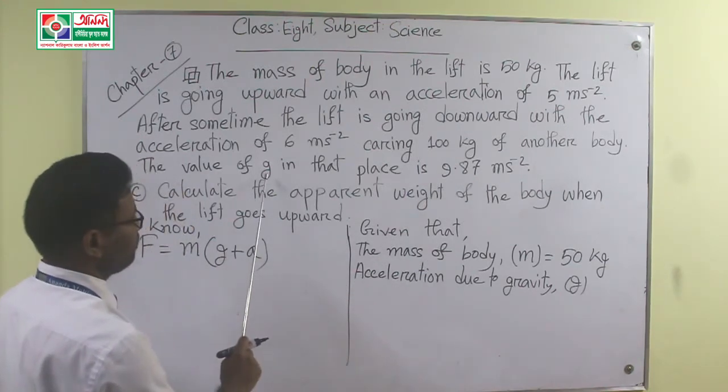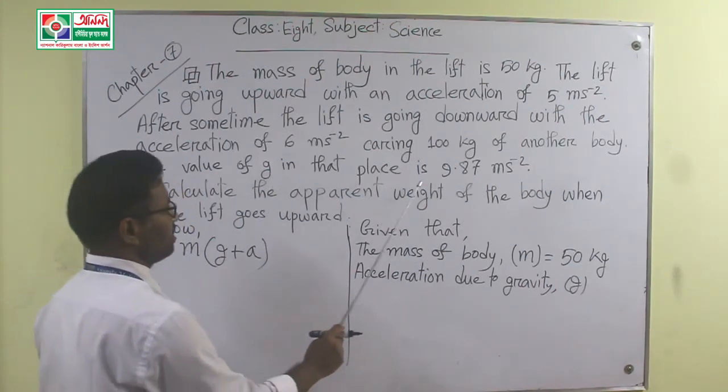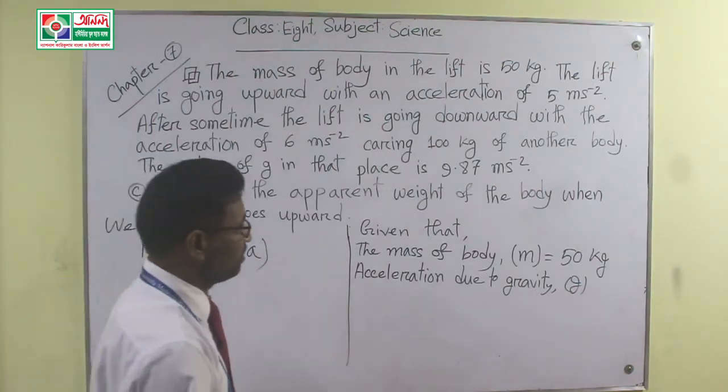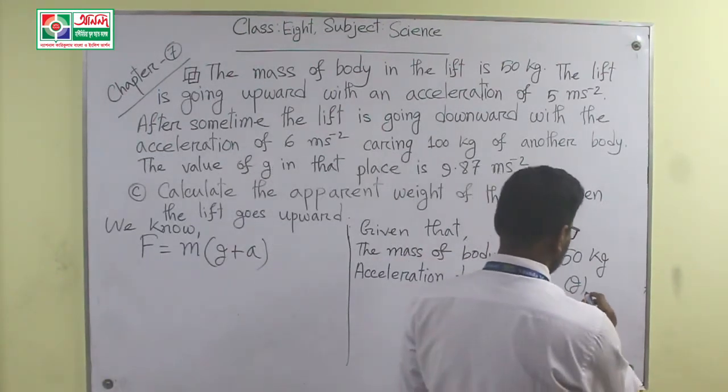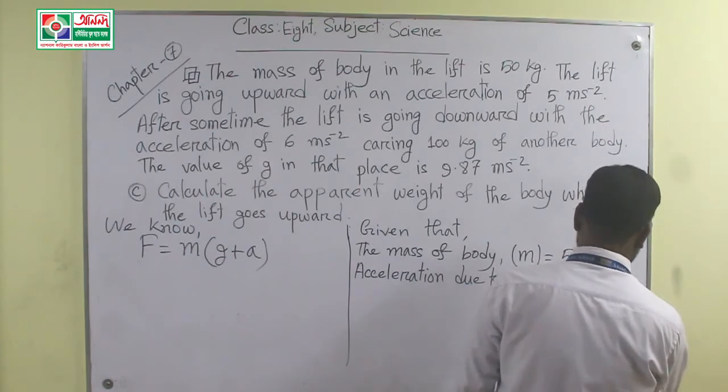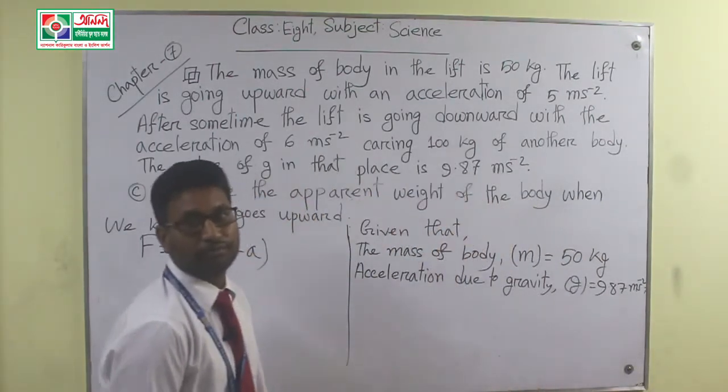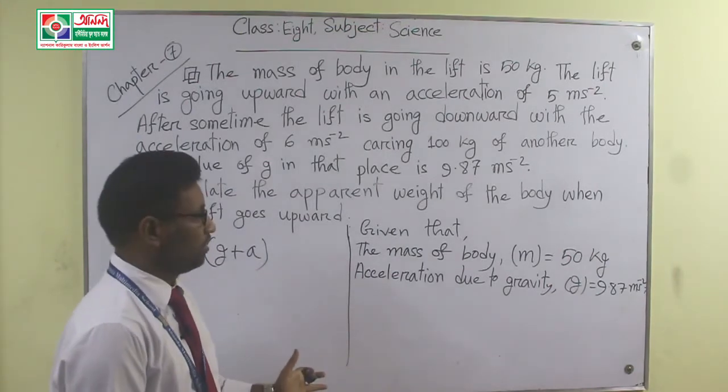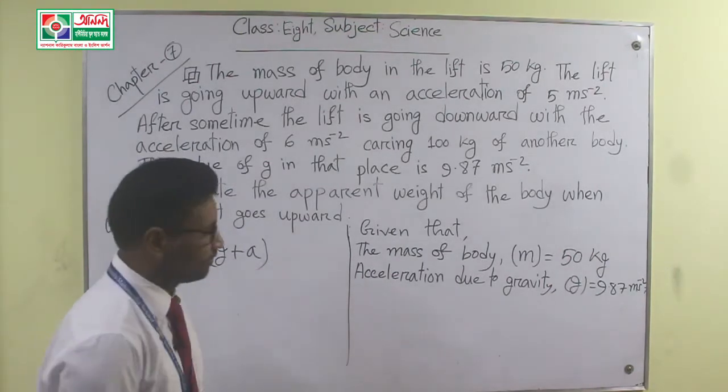This value is present in the stem: the value of acceleration due to gravity in that place is 9.87 meter per second square.